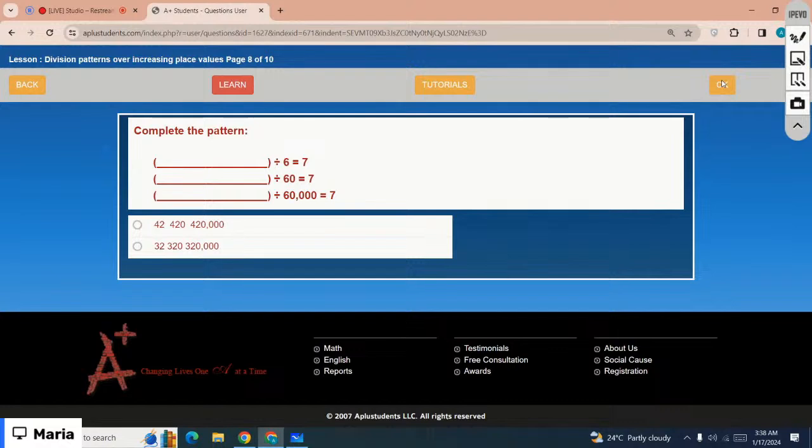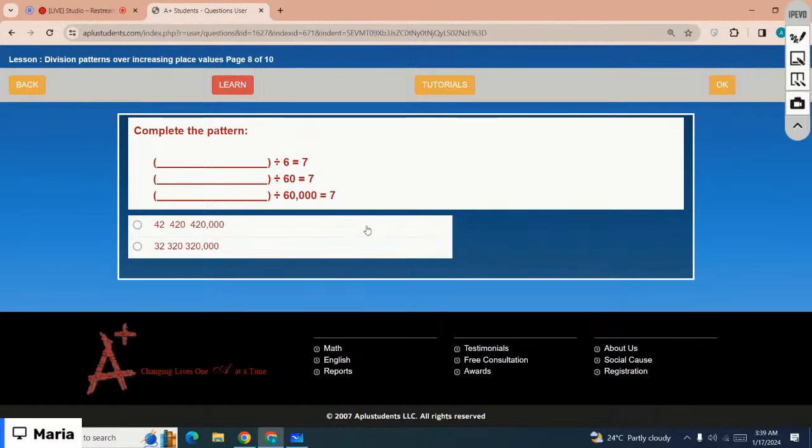Okay, the next one is missing number divided by 6 equals 7. Missing number divided by 60 equals 7, which is the number that can be divided by 6 and you can get the answer 7. Yes, very good.